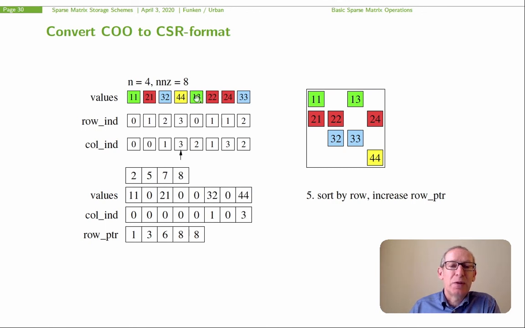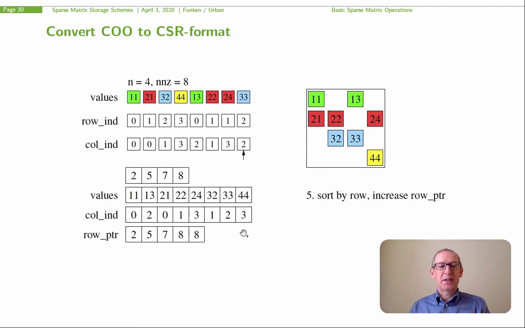Then next will be starting with 13, and you see also we're storing the 22 in this place, and we increase this one. Then we store the 24 at this place, and we increase this one. Again, we have to store the 33, and we increase this one.